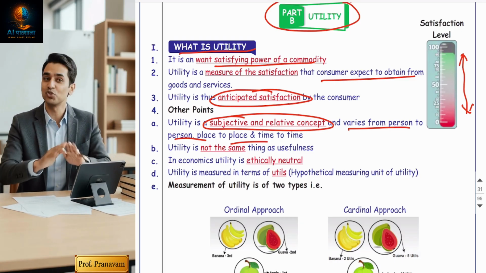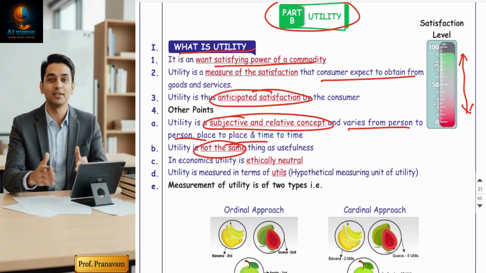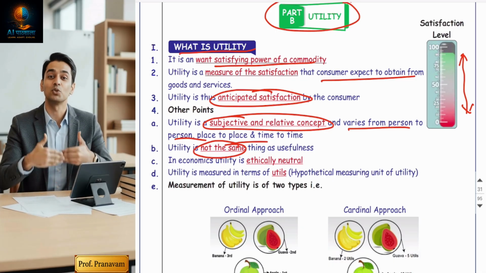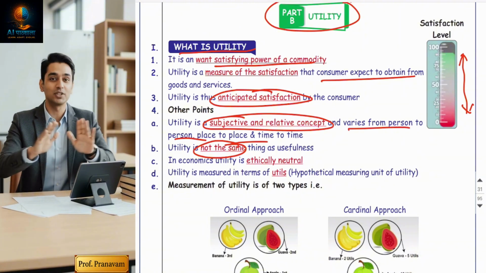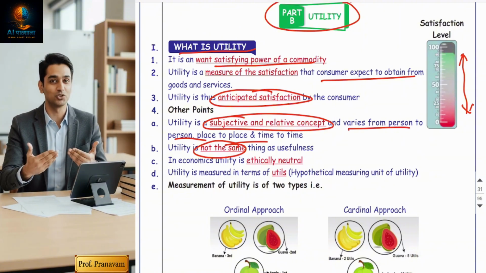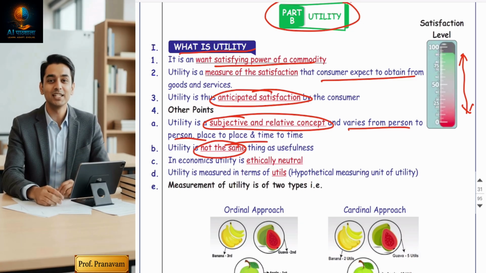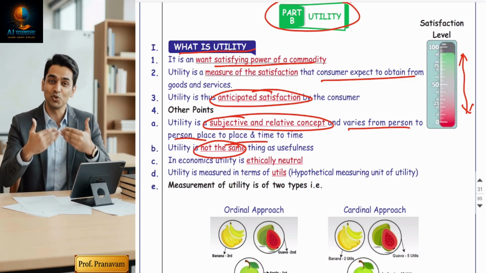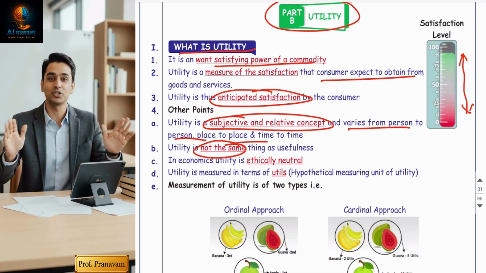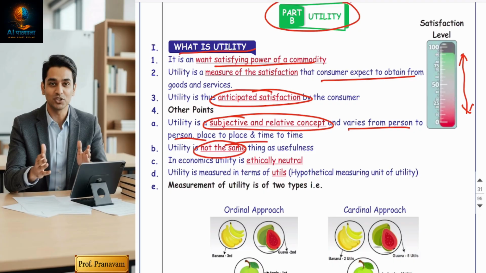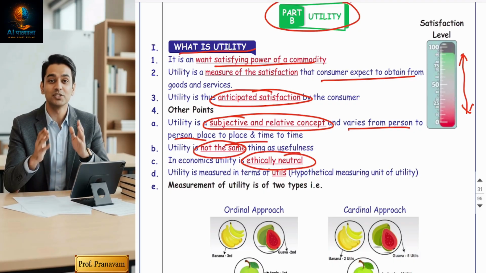And utility is not the same as usefulness. Something harmful can still give utility, like cigarettes. Utility is ethically neutral, guys. It is the satisfaction level you derive by consumption, whether the goods are good or bad for your body or for yourself.